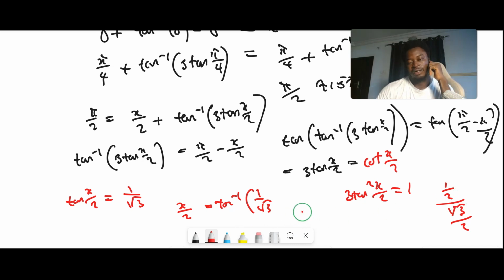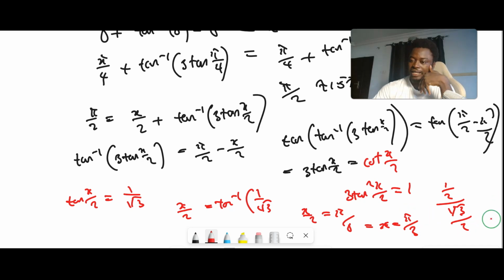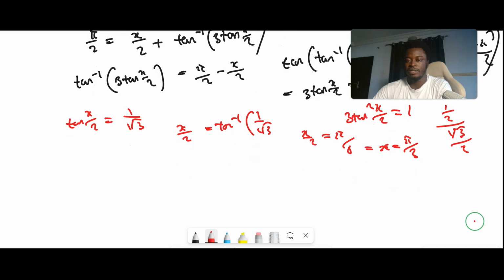So x over 2 would be equal to pi over 6, which means that x is equal to pi over 3. Yeah, only at x equals pi over 3 do we actually have equality.